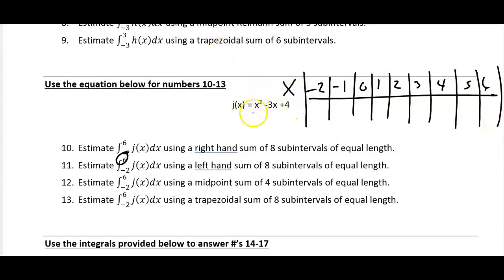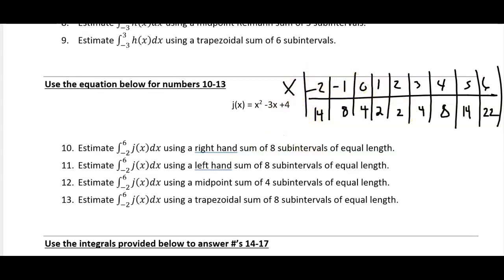And you get your Y values by plugging these numbers into your equation here. So if I were to plug in -2, I would get 4 plus 6 plus 4, which is 14. And you would continue plugging each number into the equation to get all of your new Y values.